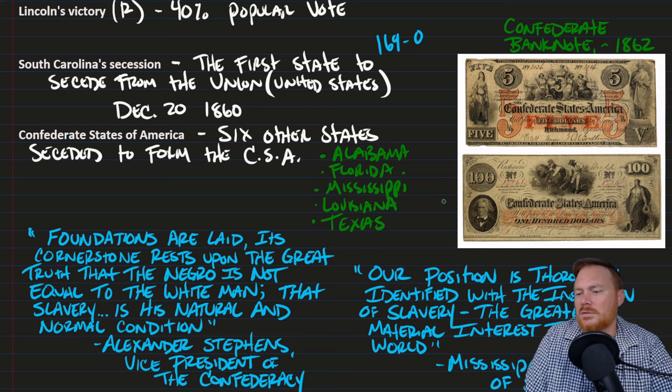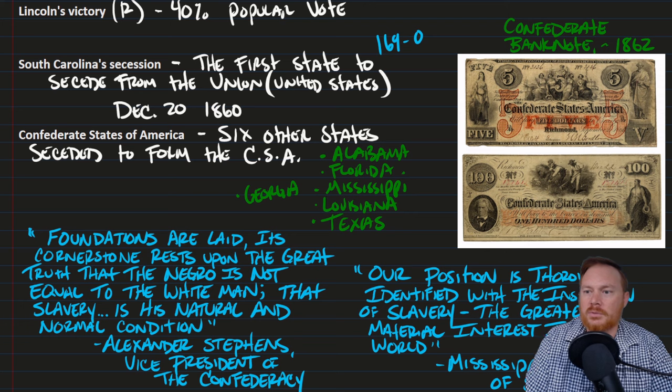Who did I leave out? Oh, 1, 2, 3, 4, 5. Alabama, Florida. Oh, duh, Georgia. So these states, Alabama, Florida, Mississippi, Georgia, Louisiana, and Texas, joined South Carolina.